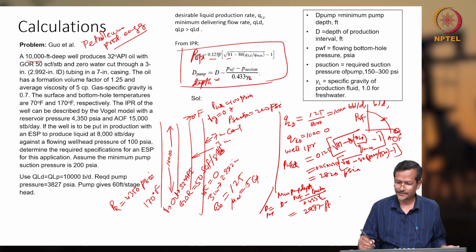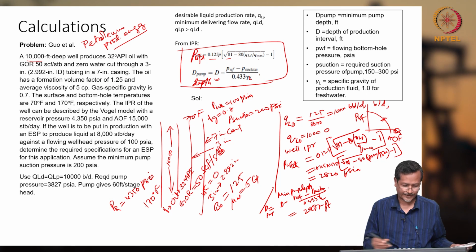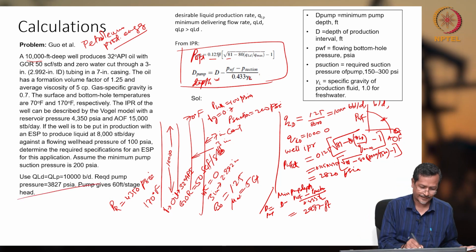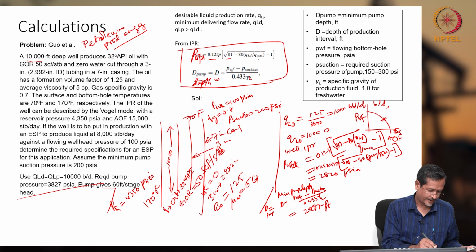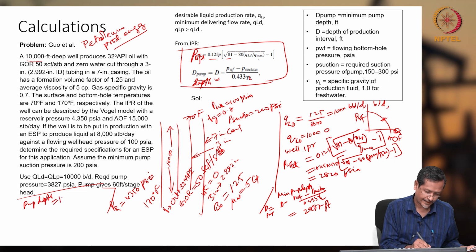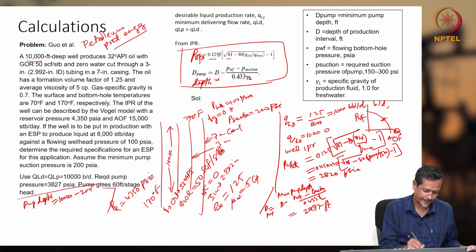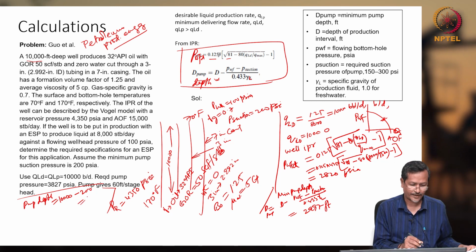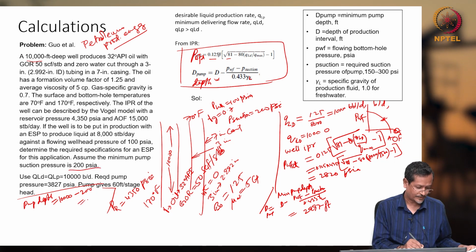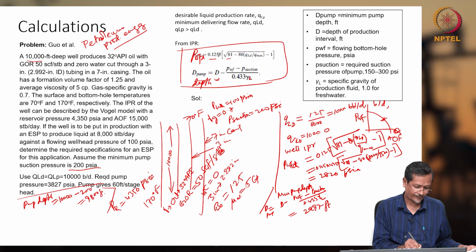So pump depth, I write at the bottom left corner, pump depth equals 10,000 minus 200, they have given that minimum 200 psi you have to maintain, so 9800 feet.